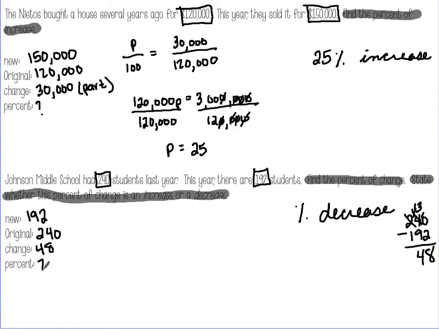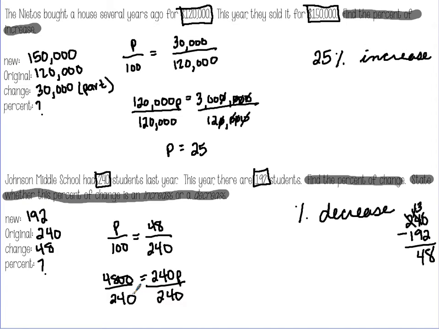And again, I'm looking for the percent. P goes over 100. I set that up equal to the change, which is 48, over the original, which is 240. I get 4,800 is equal to 240 times P. I divide both sides by 240.